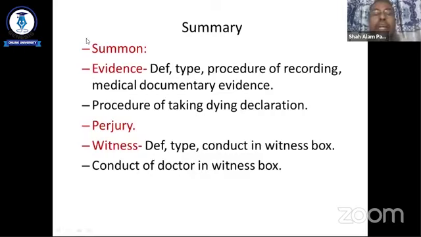So today we discussed summons, evidence, its definition, types, procedure of recording, dying declaration, medical document evidence, etc., perjury, and witness. Thank you very much.